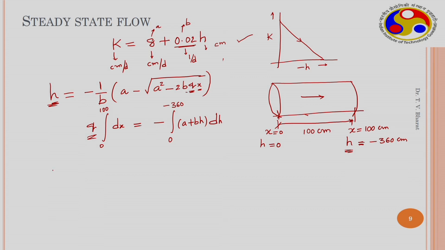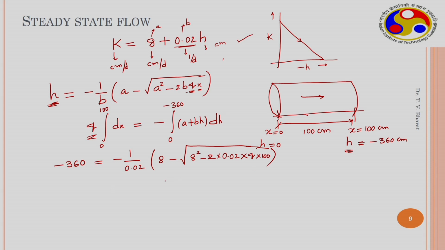If I do that, h is equal to minus 360 is equal to minus 1 by b, where b is 0.02, and a is 8, minus square root of 8 square minus 2 times b, which is simply 0.02, times q, where x is 100 centimeter.